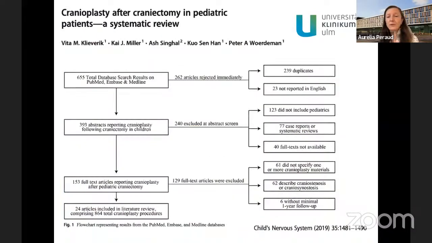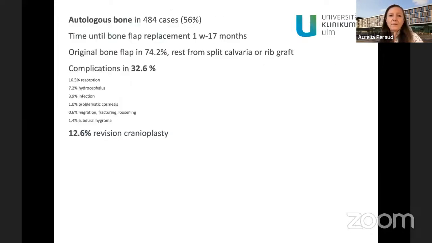To my surprise, when I went into the literature looking for studies comparing own bone and alloplastic materials, I came up with a systematic review which finally included 24 articles on this topic. They compared 484 patients with autologous bone implantation, almost half of the study population.